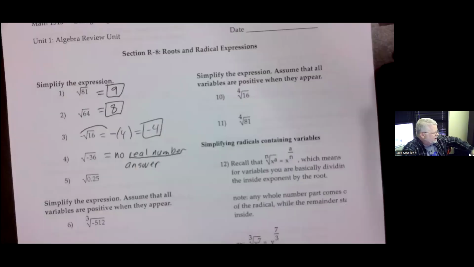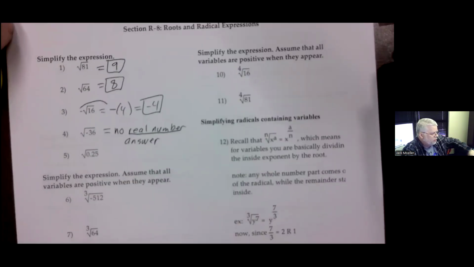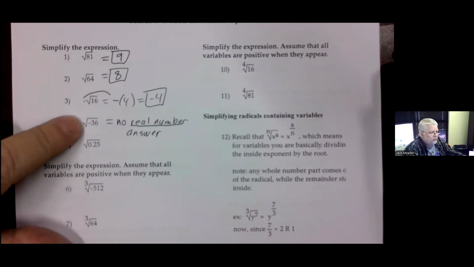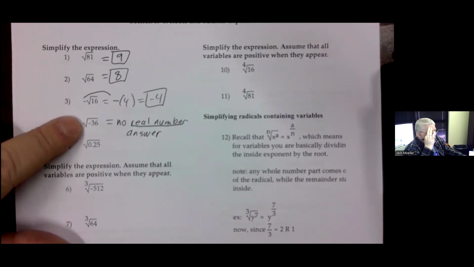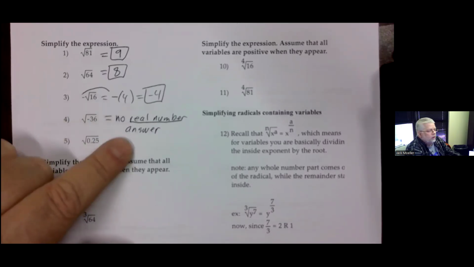And so let's see, our next unit is 1.1, solving equations. So after that, we're going to do 1.3, which is complex numbers or imaginary numbers. There is an imaginary result to that. So if any of you remember the i, the imaginary answer to this would be 6i. But when we're in this section, our answer is going to be no real number.